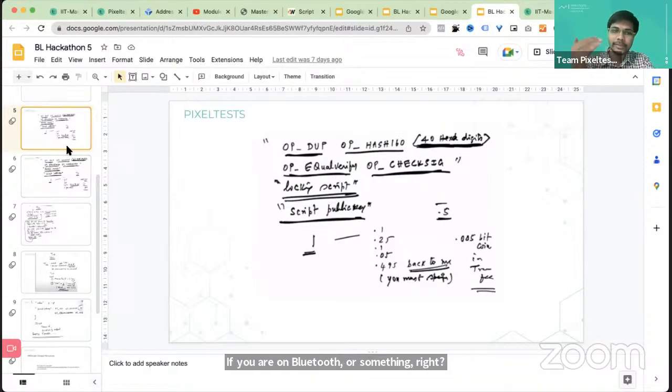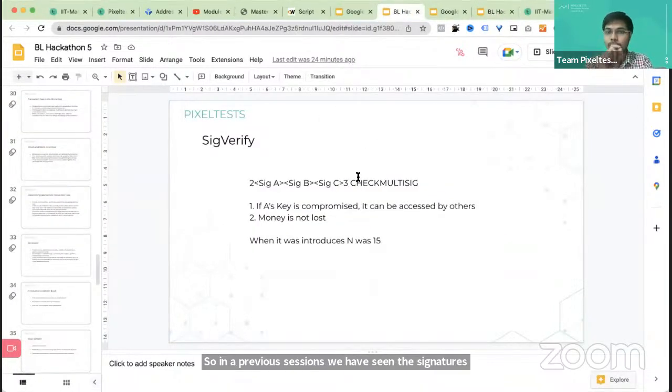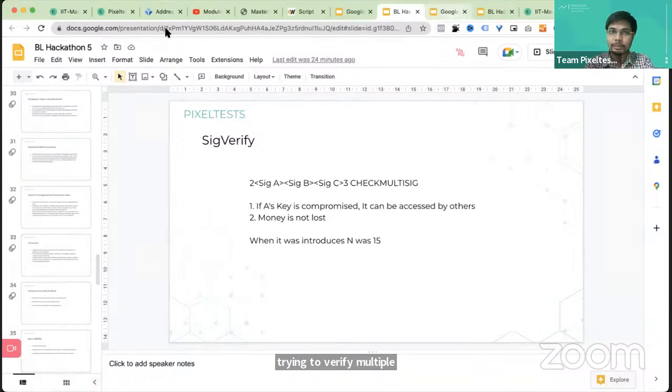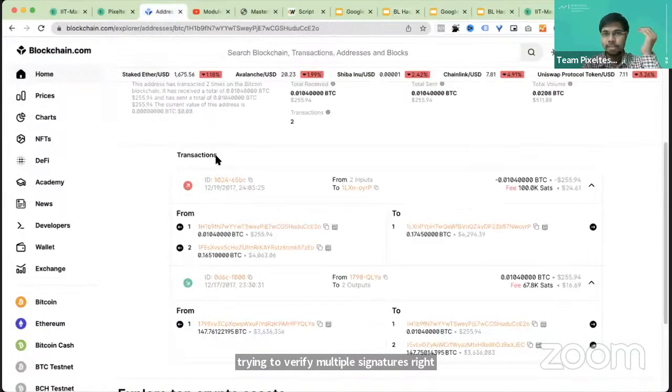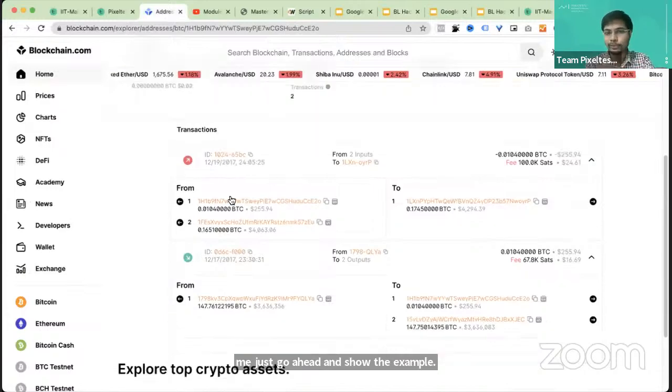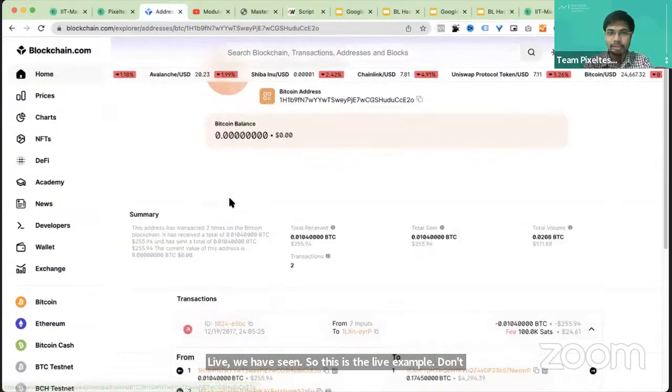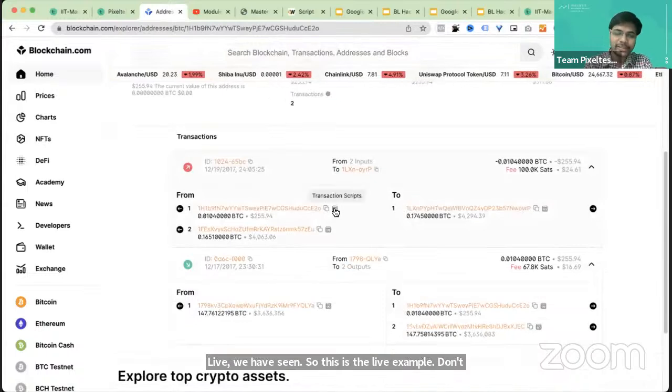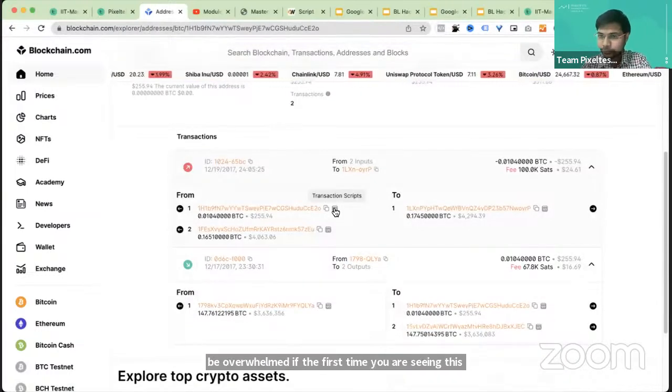So in our previous sessions, we have seen the signatures have this particular format. But now when you're trying to verify multiple signatures, right? Let me just go ahead and show the example live we have seen. So this is the live example. Don't be overwhelmed if you are seeing this for the first time, right? We have explained this in our previous sessions.